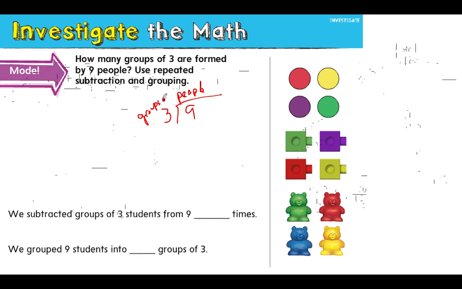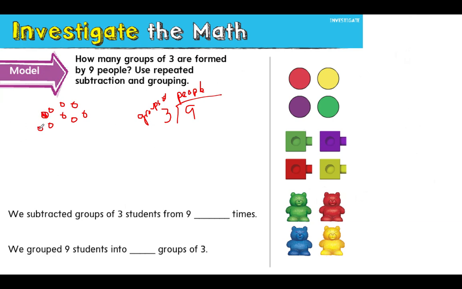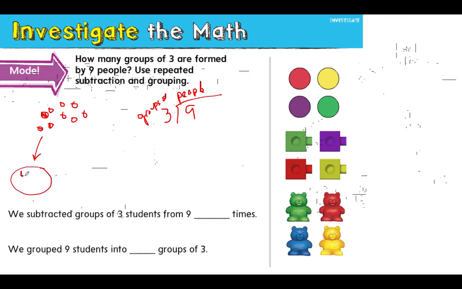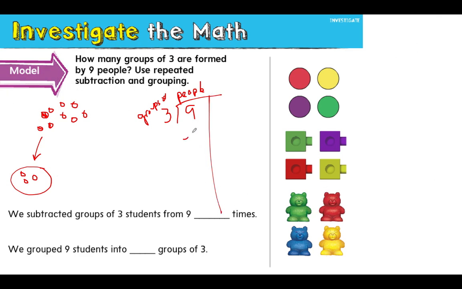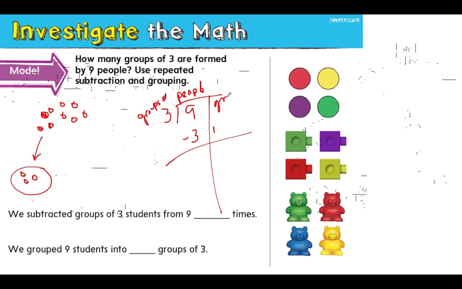So now, right, when I have my 9, and I take 3 away, that makes a group of 3. And think about what's going to go over here. That makes 1. These are my groups now.